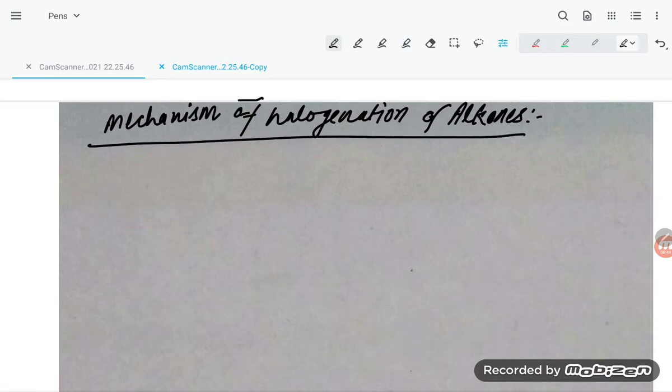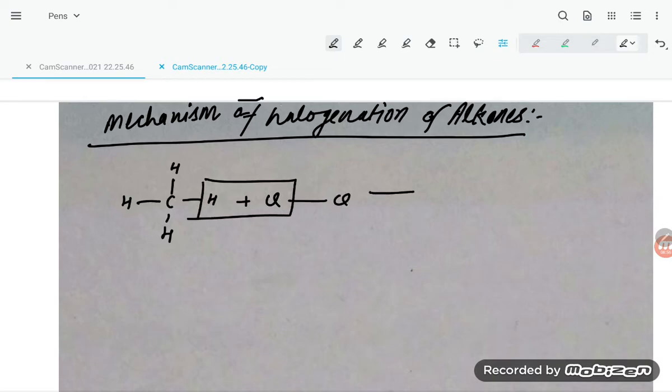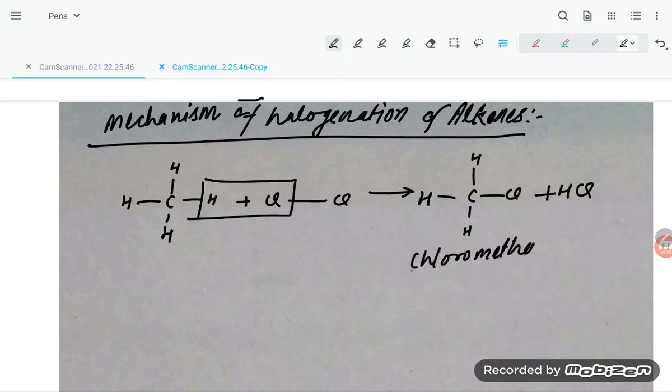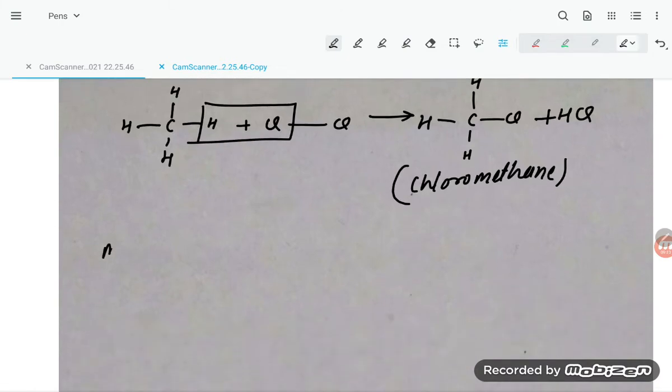This is the reaction: methane, with hydrogens on it, is treated with chlorine. One hydrogen is replaced, and it forms the product with chlorine, and here is HCl. This is chloromethane, the product. Now let us see the mechanism.